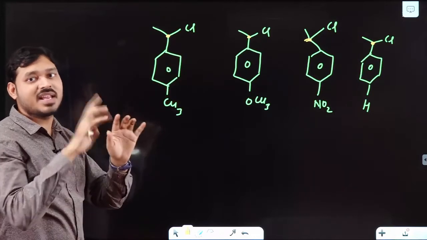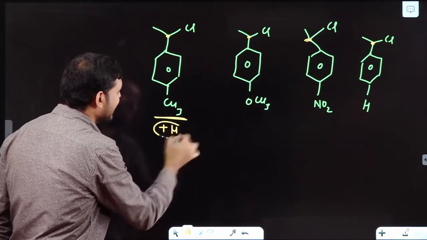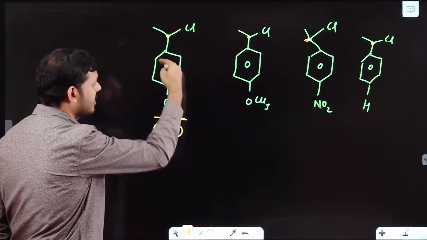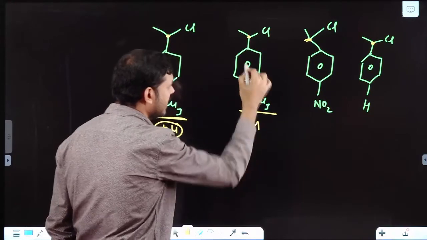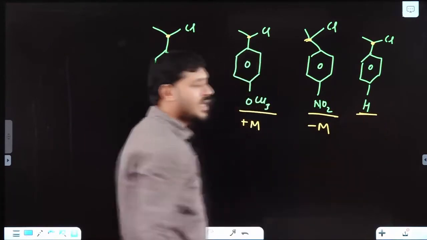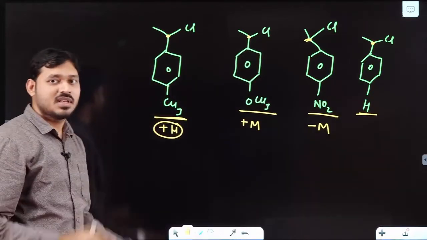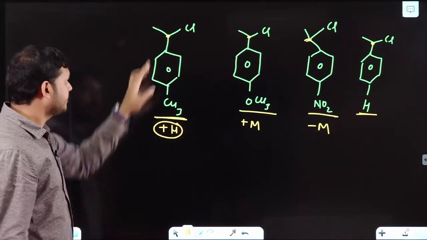So consider the variables. Here it is CH3, which has plus H effect and plus I effect on this ring. This is having OCH3, which is having plus M effect on this ring. This is having minus M effect on this ring, and this is having no plus H, no plus I, no plus M, zero effect.